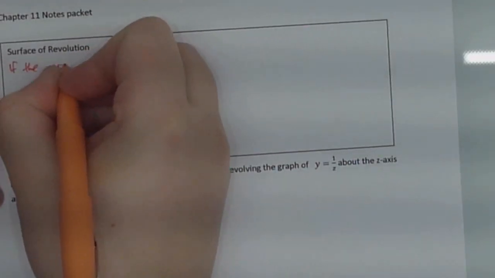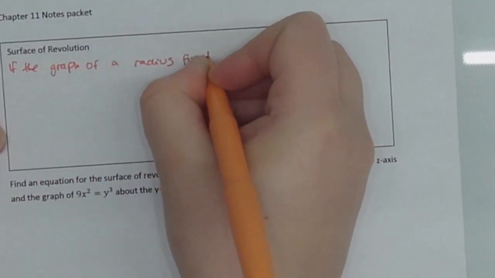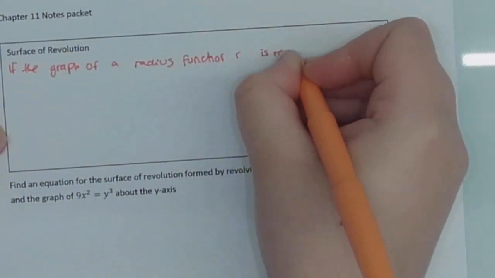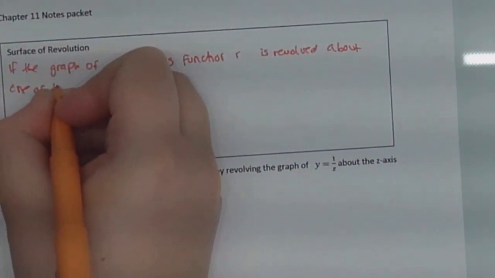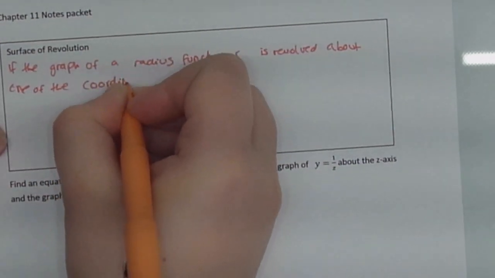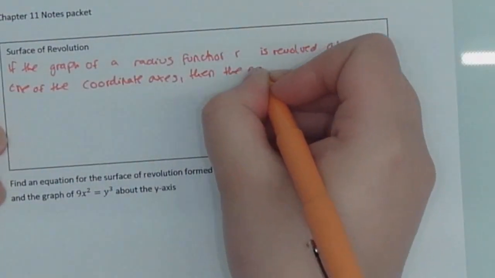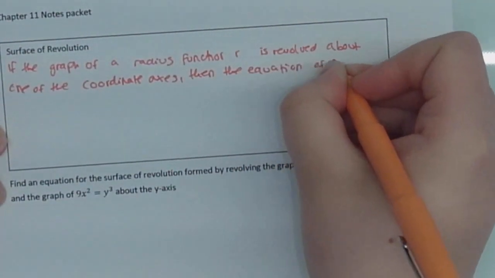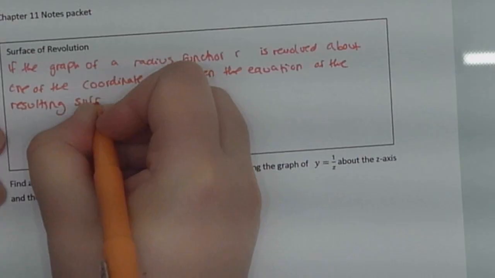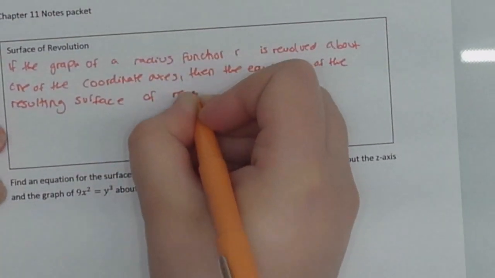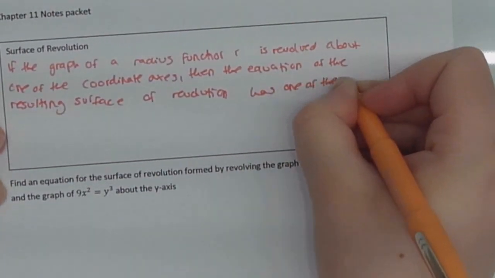So if the graph of a radius function, I'm going to call that function r, is revolved about one of the coordinate axes, then the equation of the resulting surface of revolution has one of the forms.